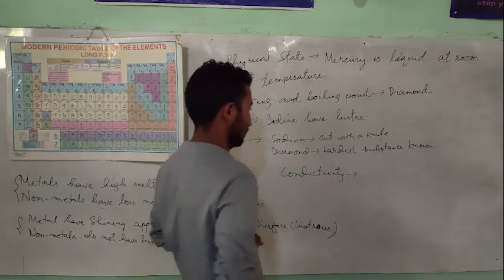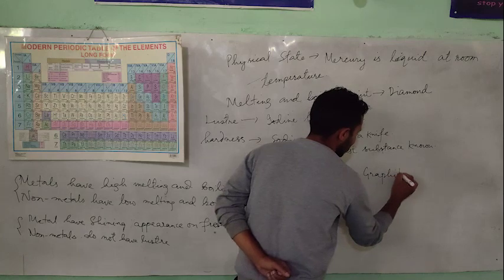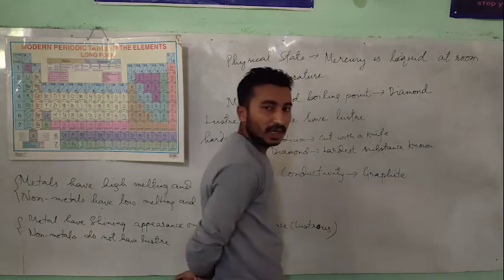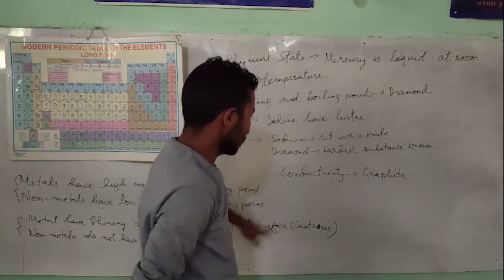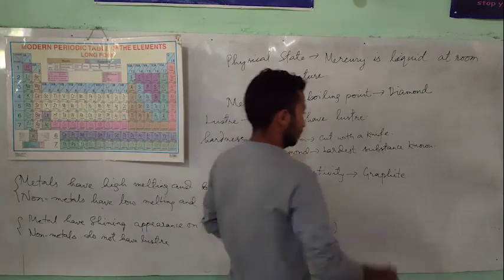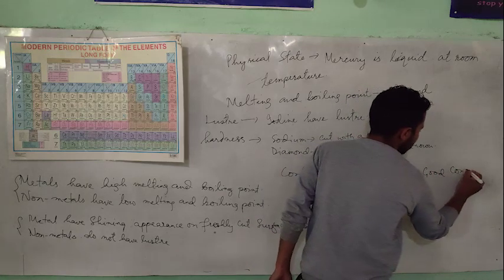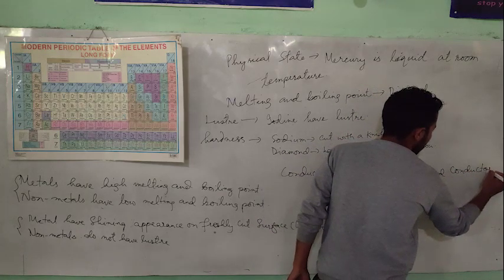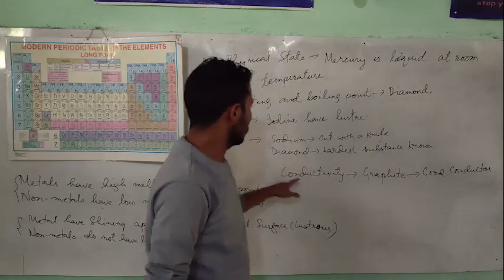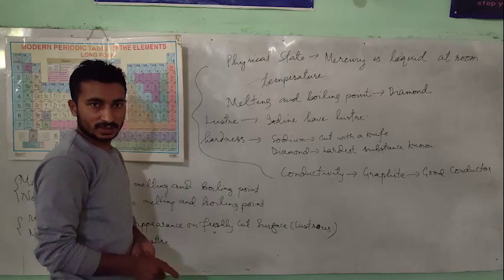But there is a non-metal called graphite, and it is made up of carbon. Graphite is a good conductor. So all these things are exceptional cases.